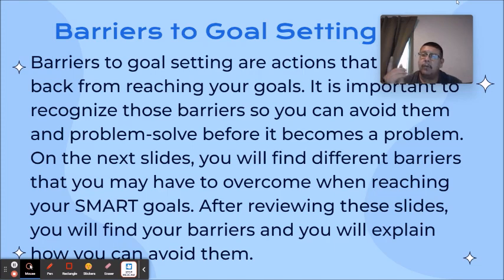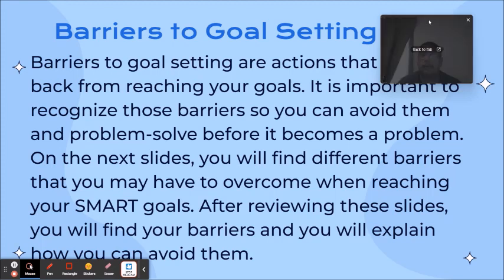But if you're aware of the barriers that you might encounter when it comes to goal setting, you're also going to know that you can overcome them. So basically you're having a solution to a possible problem.